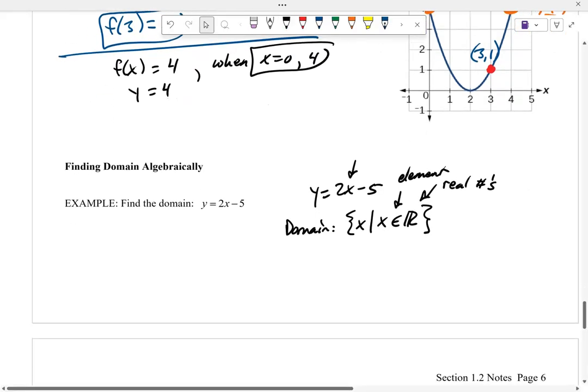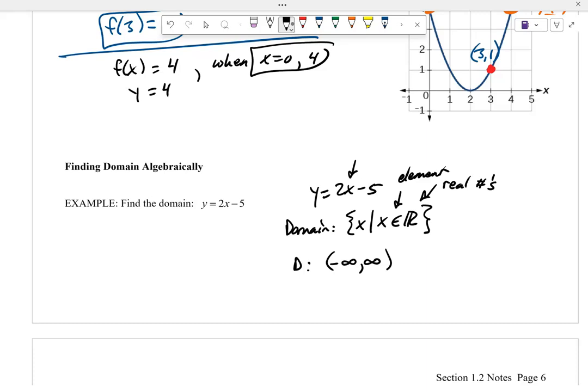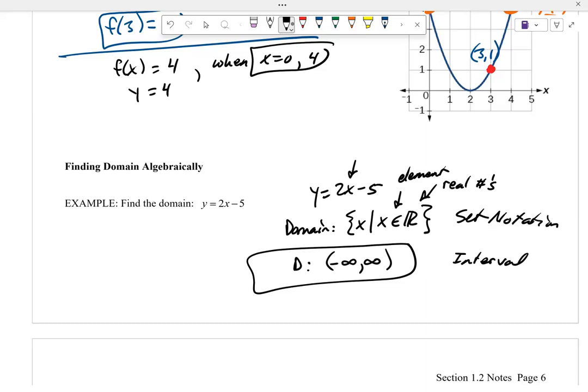Now we're going to use what's called interval notation for our domain. It goes from negative infinity to positive infinity, and that's how we're going to say that with interval notation. Again, this is set notation. Good to practice that. This is our interval notation. No restrictions. It runs from negative infinity to positive infinity.